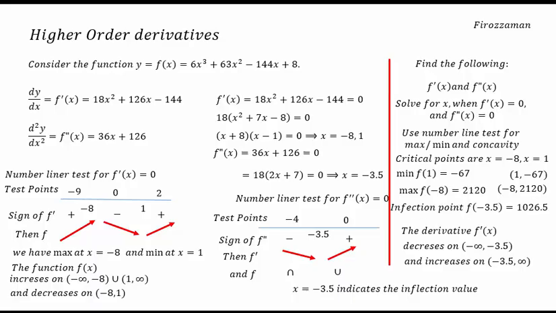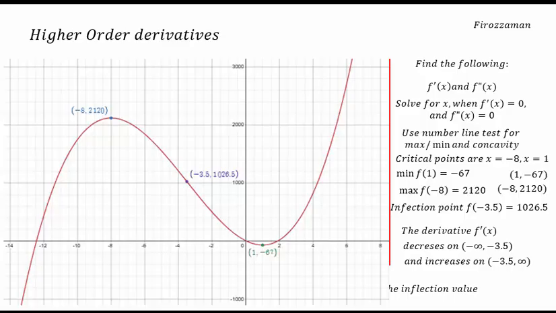So the inflection point you can list as (-3.5, 1026.5). Now we'll see all this in the graph, as you see here. So we see our relative maximum at -8, relative minimum at 1, and the inflection point at -3.5.